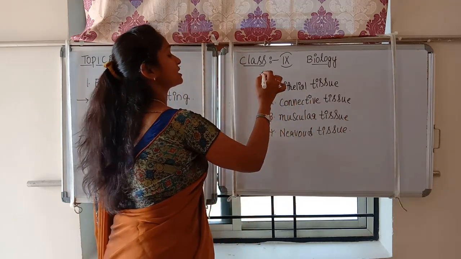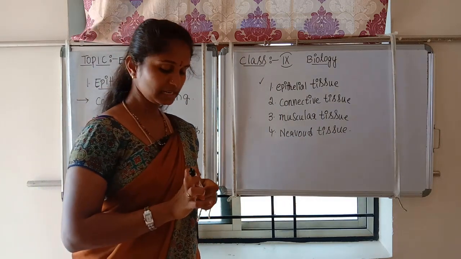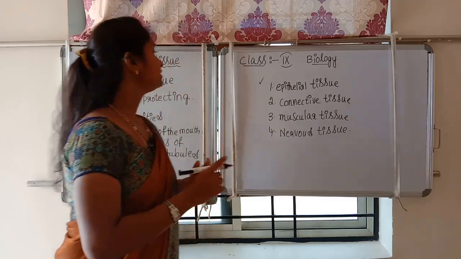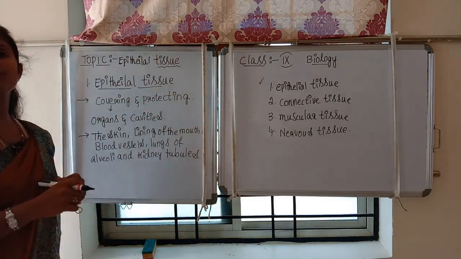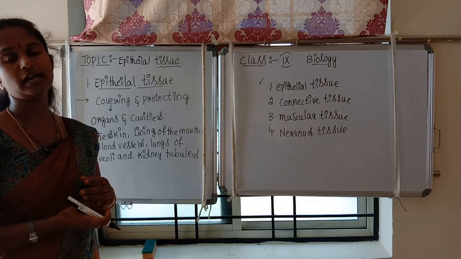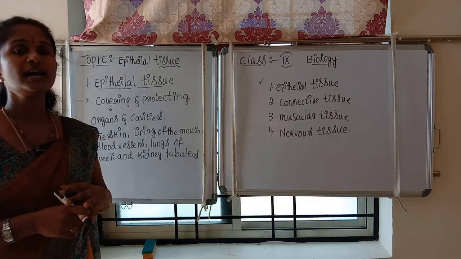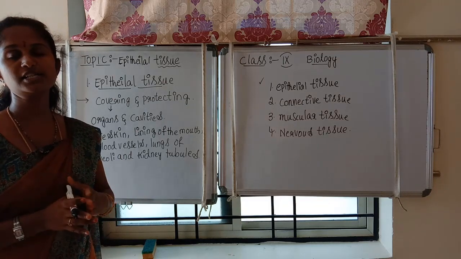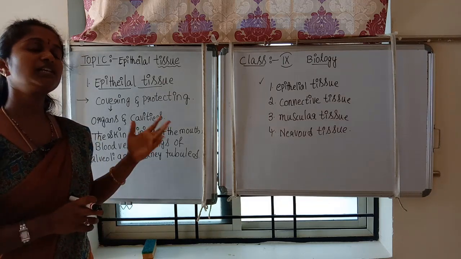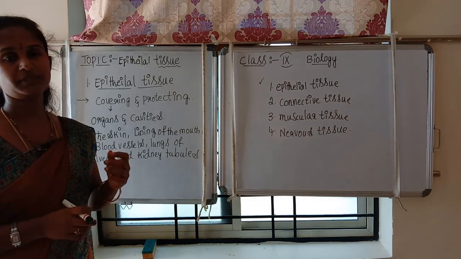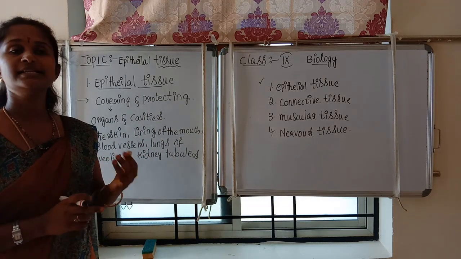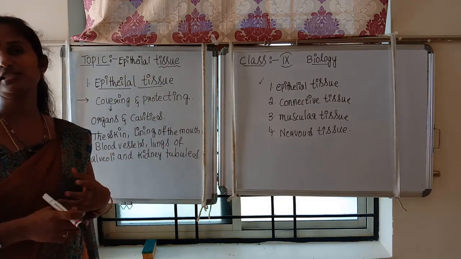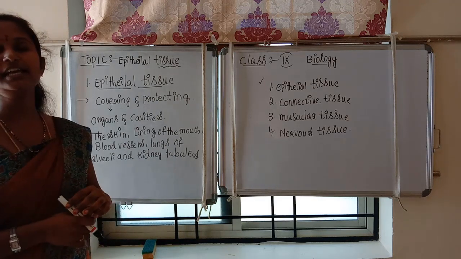In the last class we started the epithelial tissue, and now let's revise a recap. Epithelial tissue acts as a covering, it helps in protecting different organs, and it acts as a barrier between the different organs present in our body. We see epithelial tissue on the skin, the lining of blood vessels, the lining of the mouth, the alveoli of the lungs, and the kidney tubules.